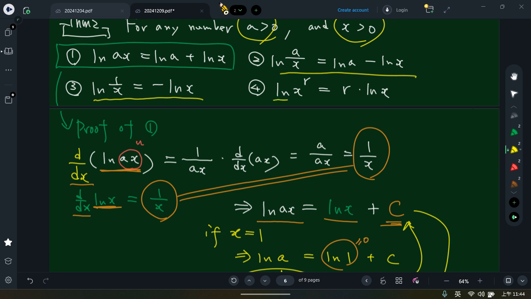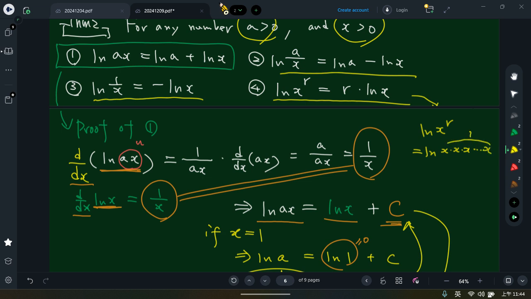Then how can we get ln x to the power of r? Because if we deal with x to the power of r, that is equivalent to x times x times x, blah blah blah.